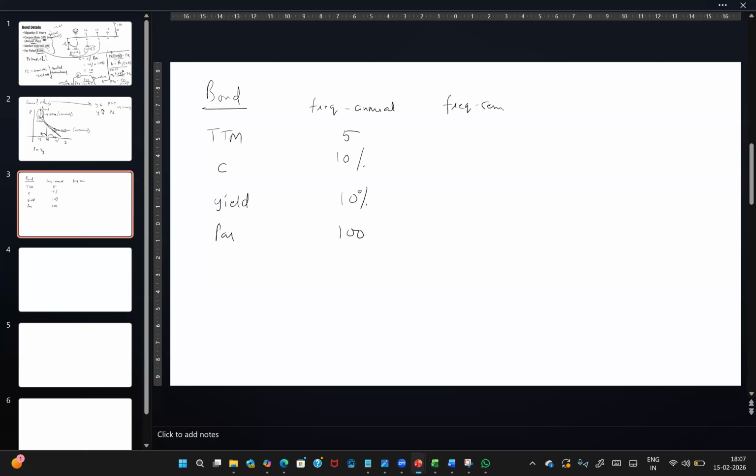If I were to draw a cash flow diagram of the coupons, every year we receive annualized coupons, and those are 10, 10, 10, and so on. When I say semi-annual compounding, the compounding is every 6 months, so the cash flow diagram will change. Every 6 months I'm going to receive a coupon, and that coupon will not be 10, it will be 5.